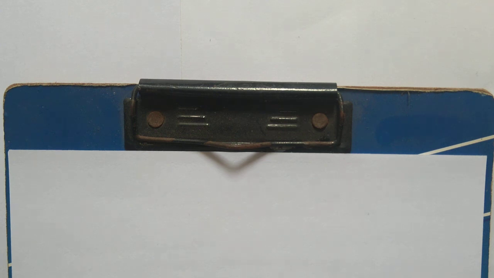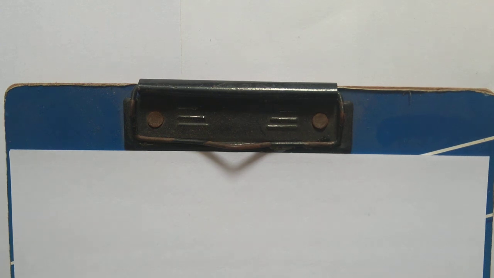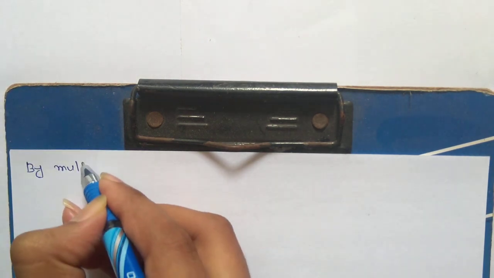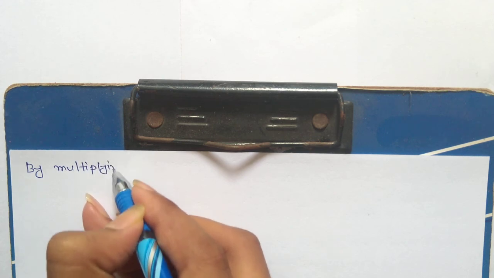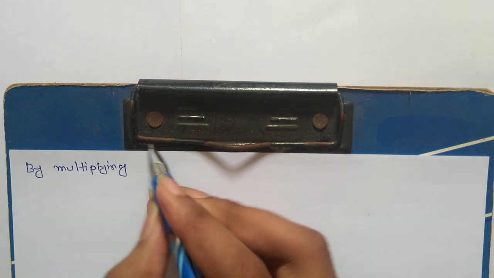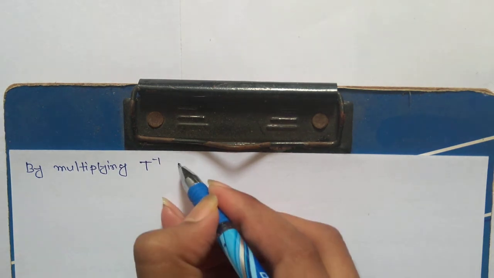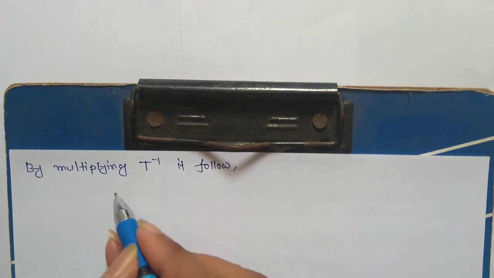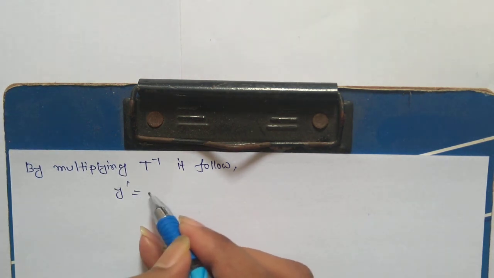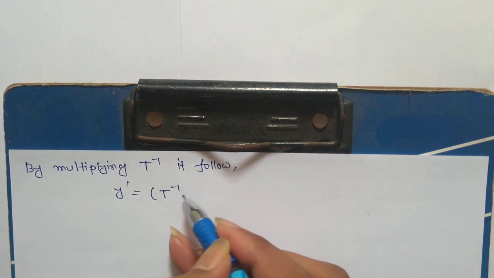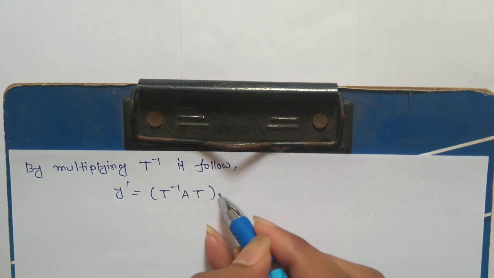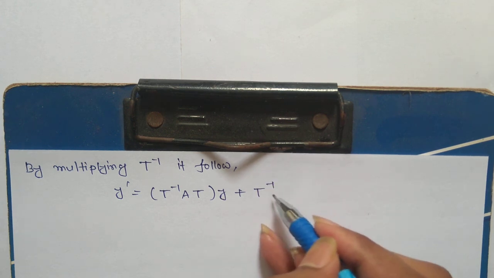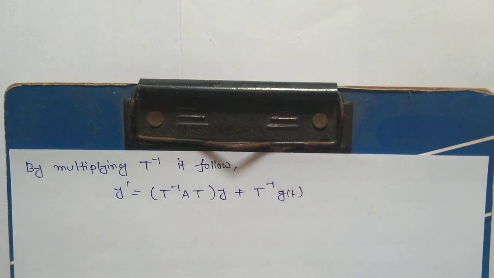So by multiplying by T inverse, it follows that y dash equals T inverse A T y plus T inverse g of t.